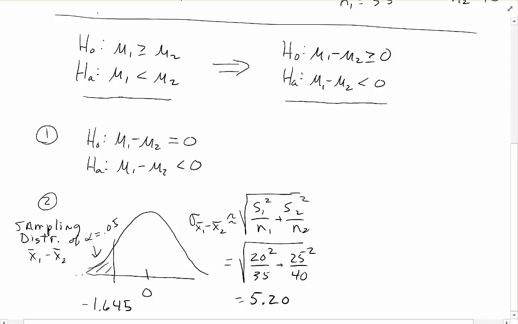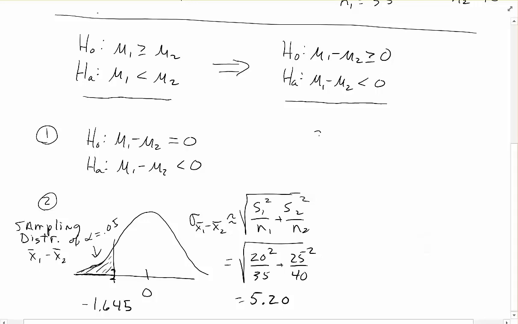This is the large sample case, and we're going to use a standard normal. So there's only 2 or 3 of these values that we can just remember. That will be different than the t-distribution, which will be based on degrees of freedom. Our rejection region would start there at 1.645 standard deviations to the left, and then proceed down to negative infinity. So that would be our rejection region.